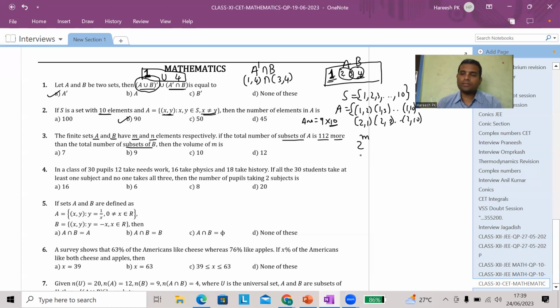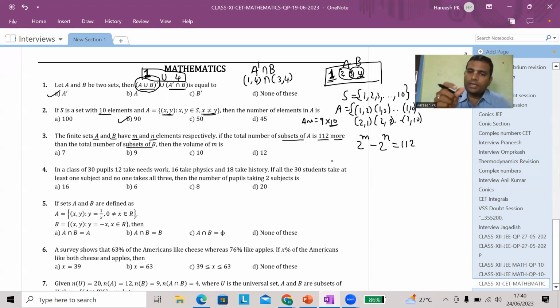And they are saying number of subsets of A is 112 more. That means 2 power m minus 2 power n should be 112.